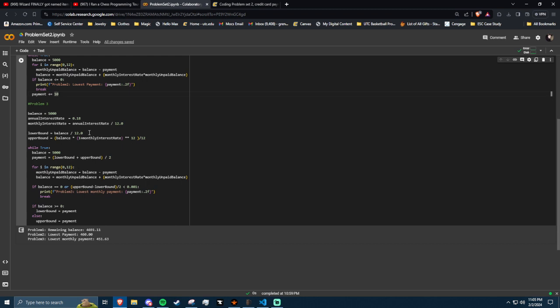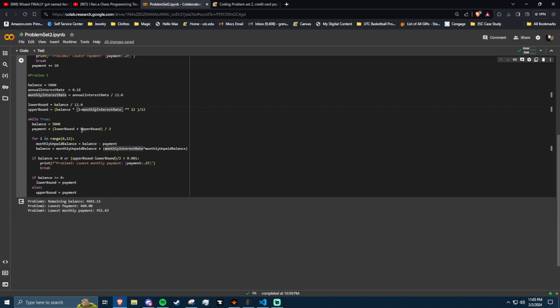We're basically going to work with a lower bound that is just the balance divided by 12, because of course that would be the lowest. And then for the upper bound, it's a little more complicated, but it is the balance times 1 plus the monthly rate to the 12, divided by 12. So that will give you your upper bound.